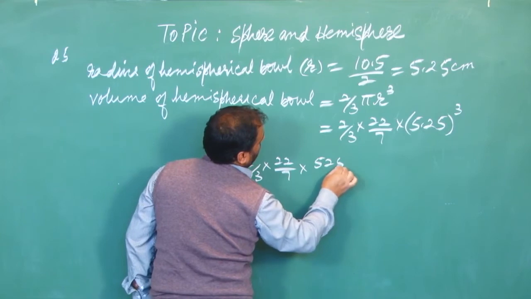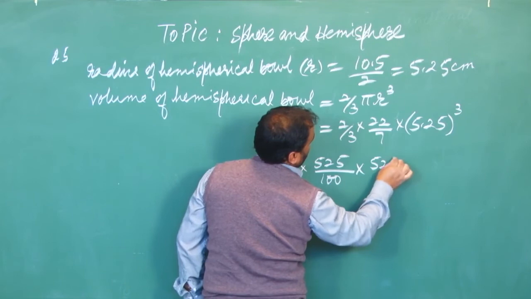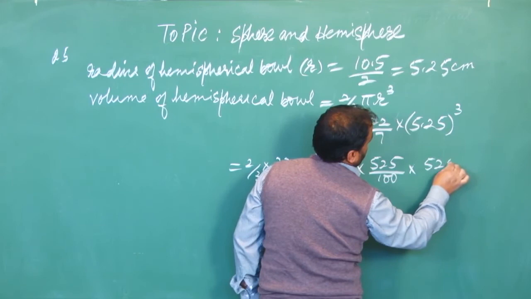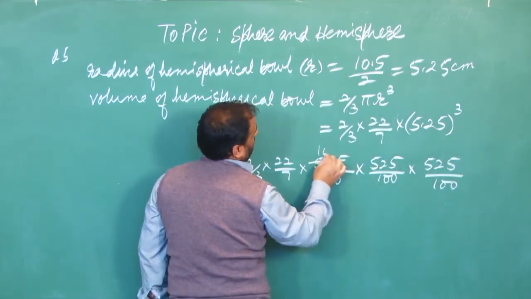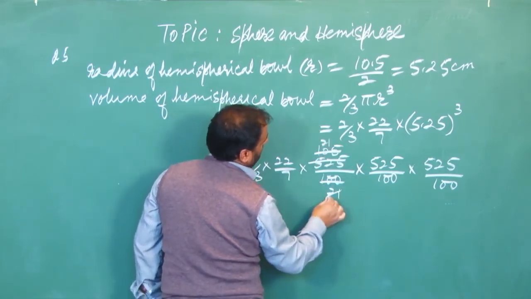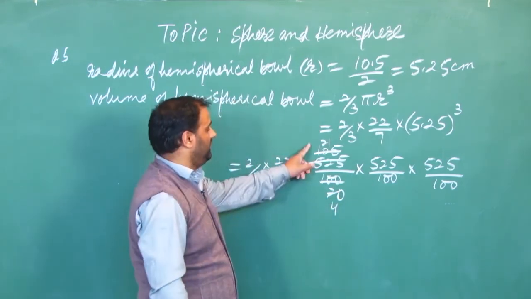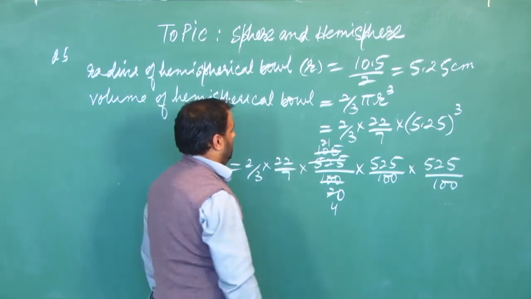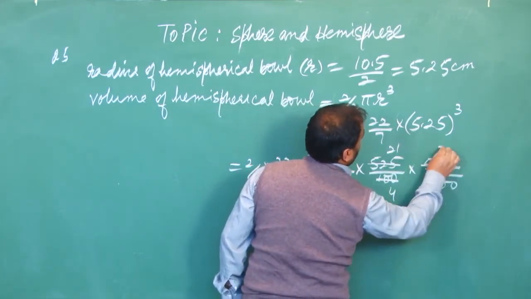We can write 5.25 as 525 by 100, and 525 by 100, 525 by 100. On cancellation, 525 divided by 100 is 21 by 4. So, we can straight away write 21 by 4 and 21 by 4.